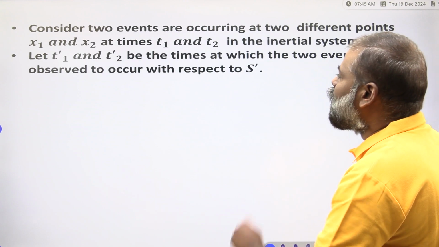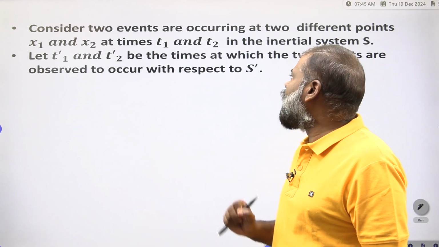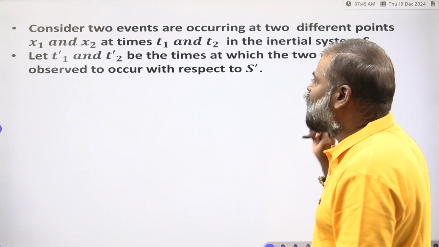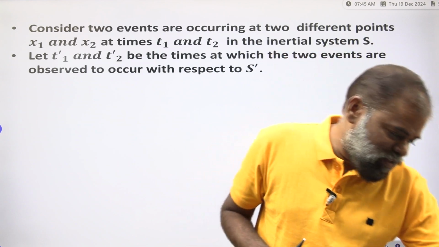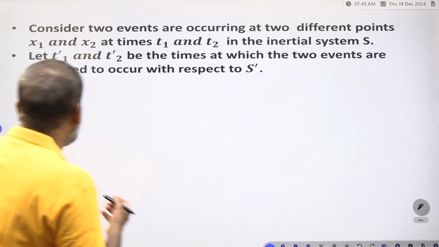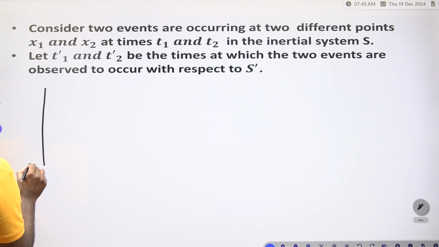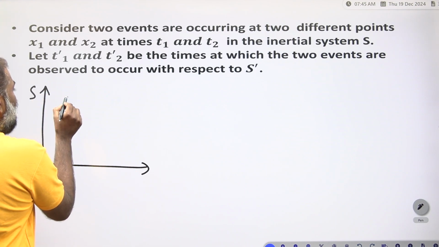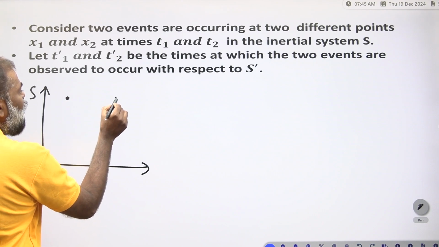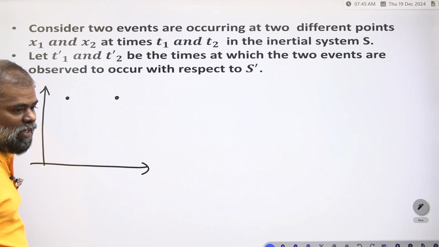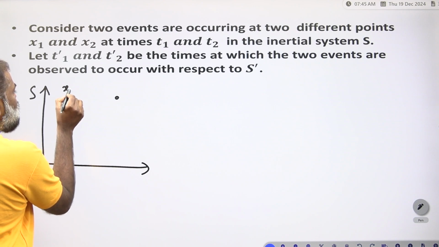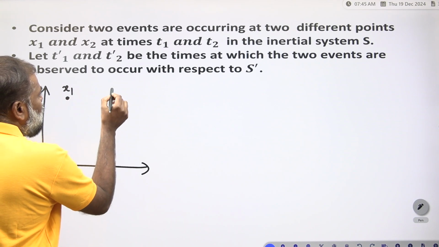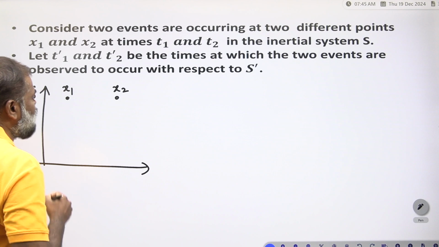Clear? Now, consider two events occurring at two different points x1 and x2. Suppose you consider the S frame; here one event is there, and here one more event is there. The position of event 1 is x1, the position of event 2 is x2.